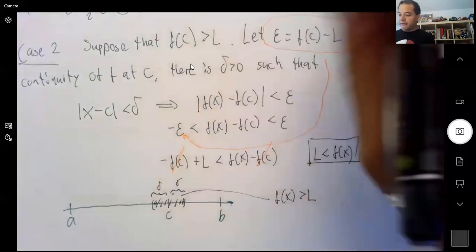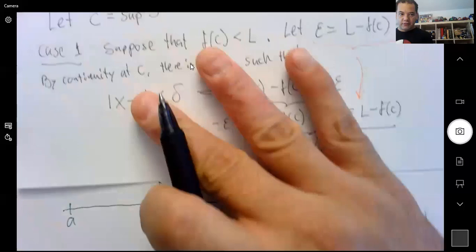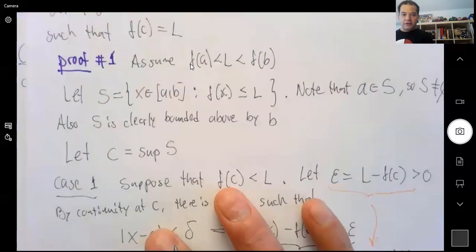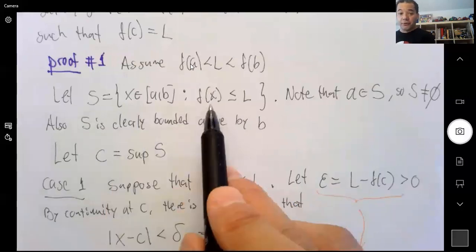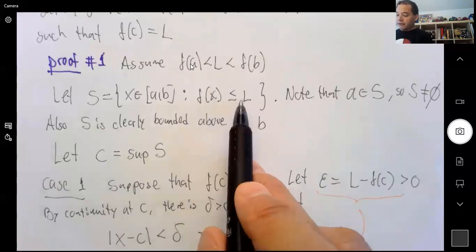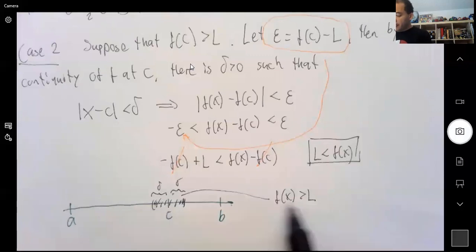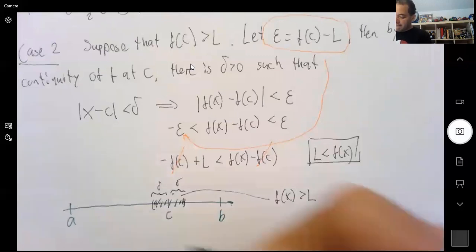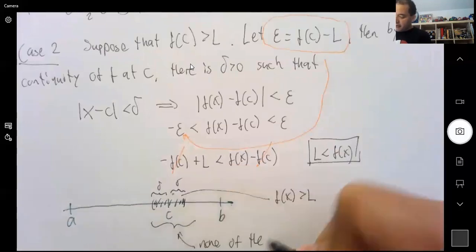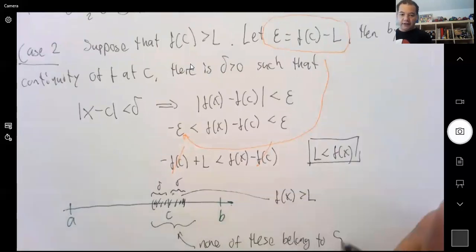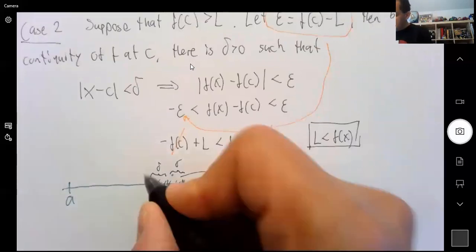So let's go back to our definition of S. Let me put it on the screen. Here was our definition of the set S. The set S are the numbers such that the function is less than or equal to L. So what we found out here is that all of these numbers are greater than L, so none of these numbers belong to S. Okay, but if none of them belong to S, then how come C is the supremum?